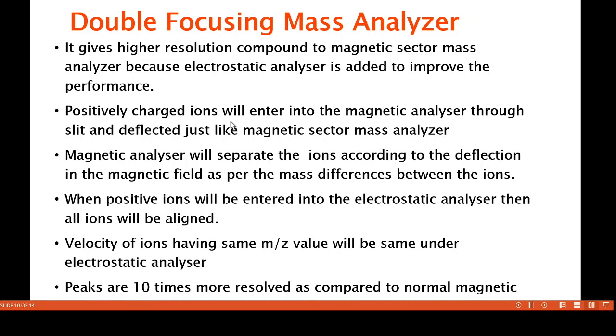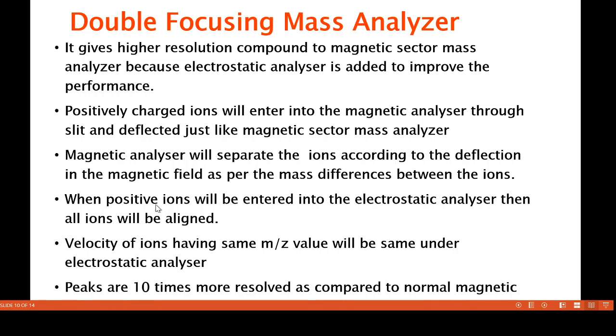So here we say that the positively charged ion will enter the magnetic analyzer through the slit and get deflected just like in a magnetic sector mass analyzer. In the third point we see that the magnetic analyzer will separate the ions according to the deflection in the magnetic field as per the mass difference between the ions.